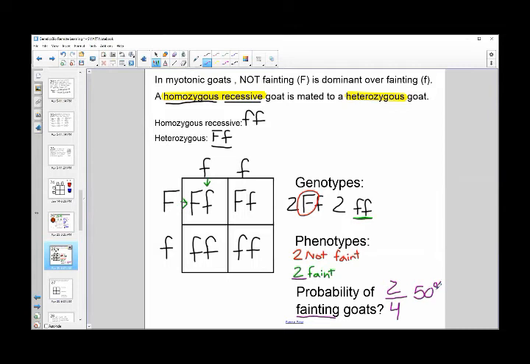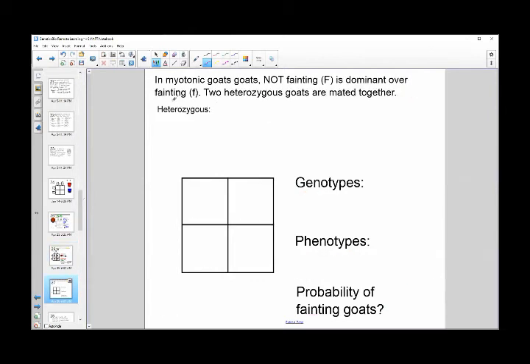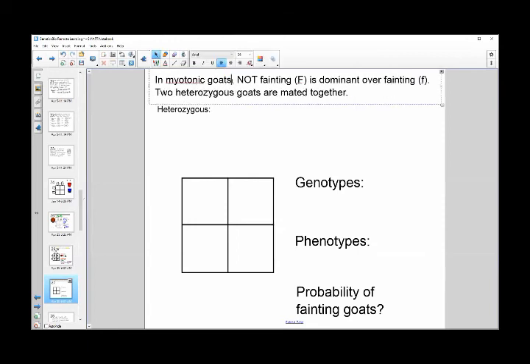So if I mated these 2 goats together, I have a 50% chance of getting a fainting goat from this cross. Let's try another one. So in myotonic goats, not fainting is dominant over fainting. So big F represents not fainting, little f would represent fainting.